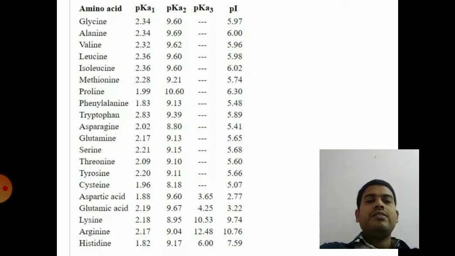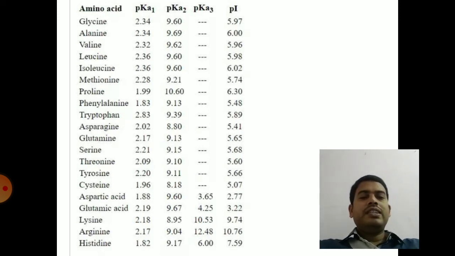So among these, the amino acid which has the highest isoelectric point is arginine, 10.76. And the lowest is 2.77, which is shown by aspartic acid. After that, glutamic acid. So the lowest isoelectric points are in acidic amino acids.